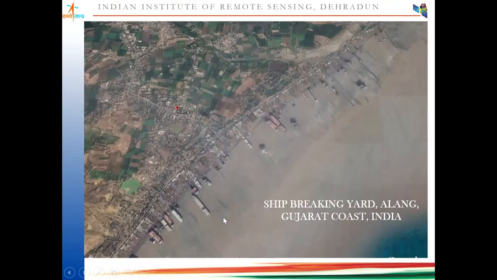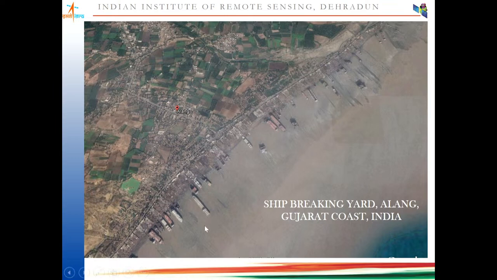This is a ship breaking yard in Alang on the Gujarat coast. You can see the change in the water color, because they use a lot of oxyacetylene and other things, and lots of iron dust and other material get mixed in the coastal water.